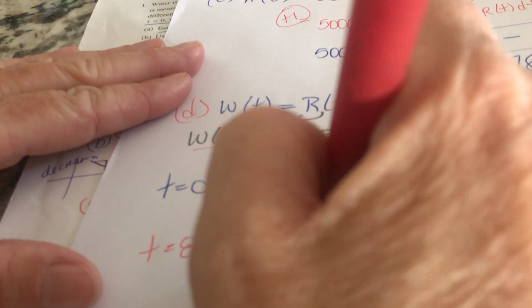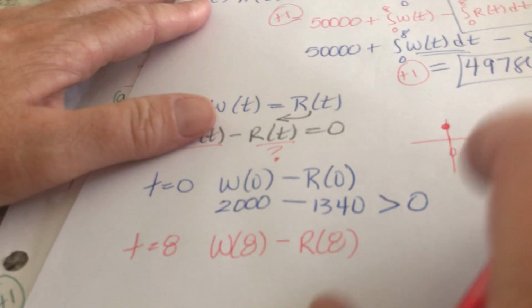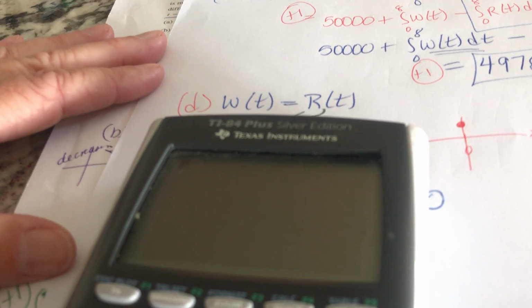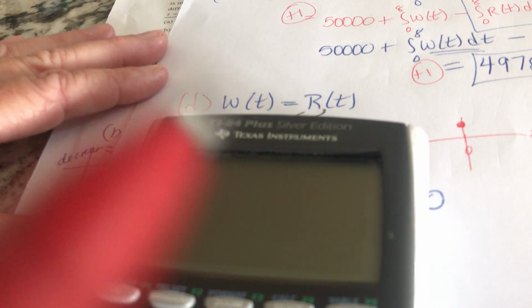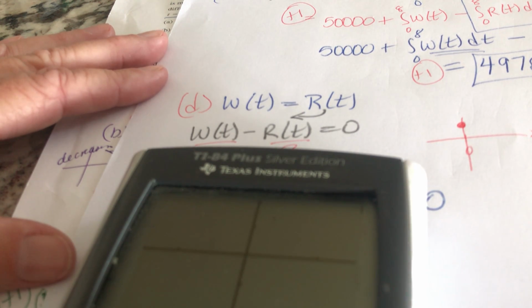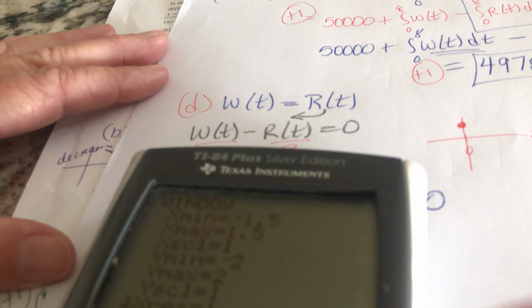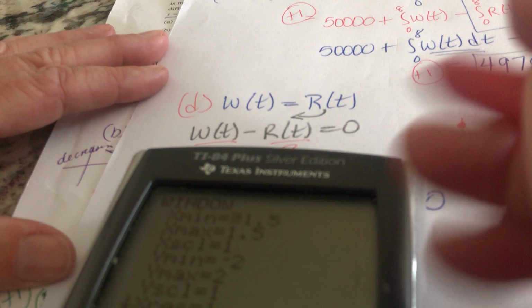So we're going to do W of 8 minus R of 8. This time we're going to need to use our calculator. So I'm going to turn it on. I'm going to go to the y equals. I'm going to graph this thing. And I probably need to change my window, because my window is at negative 1.5 to 1.5.